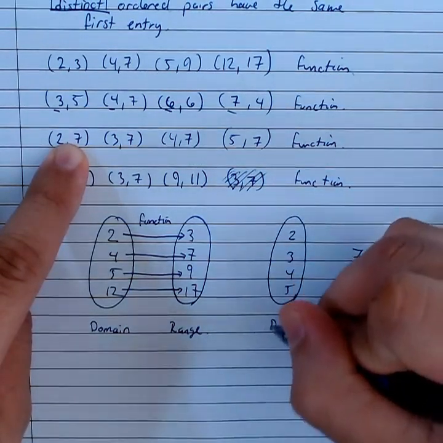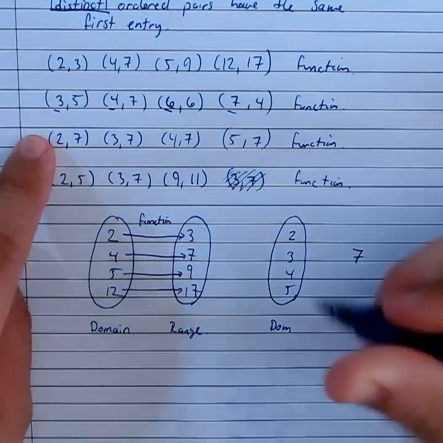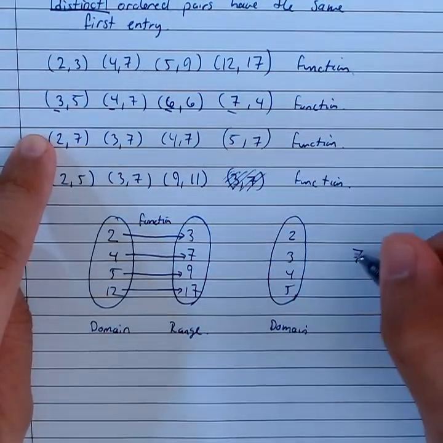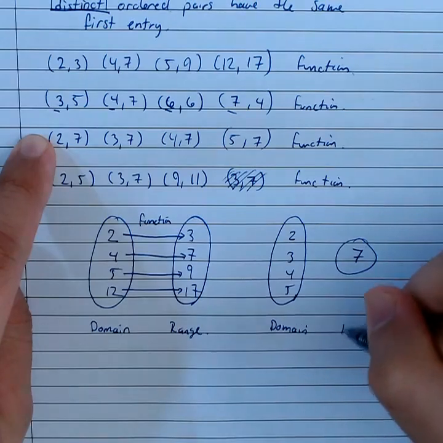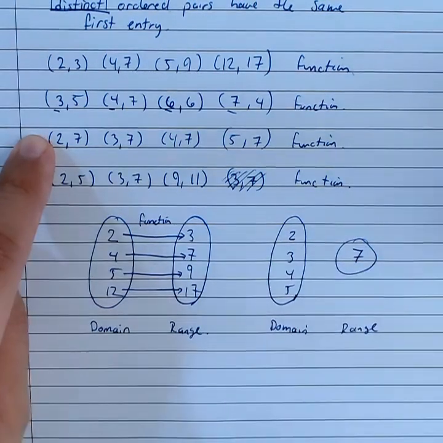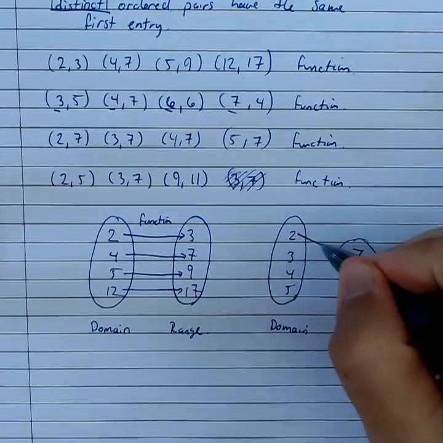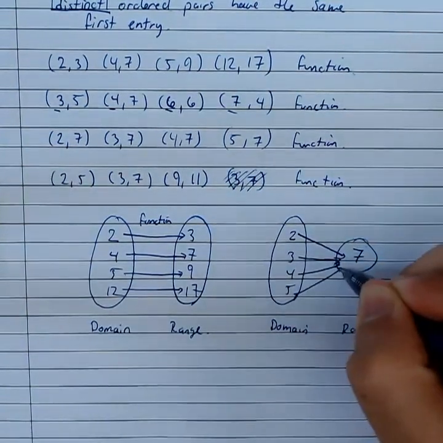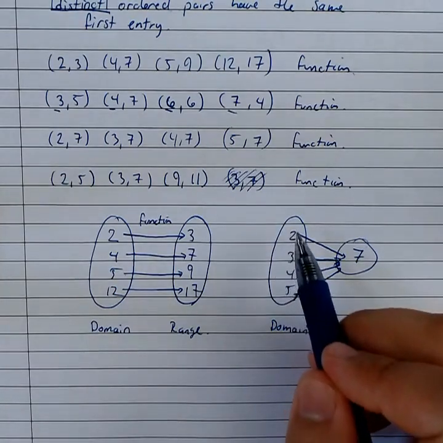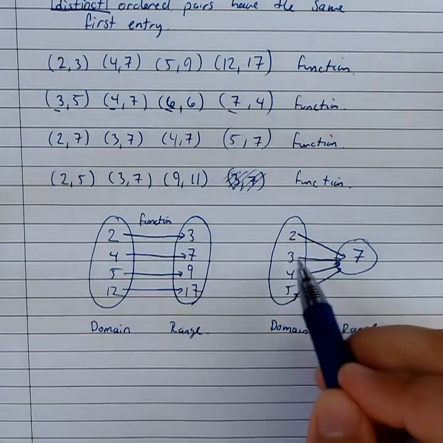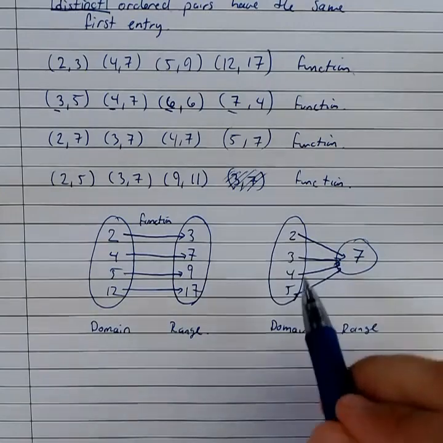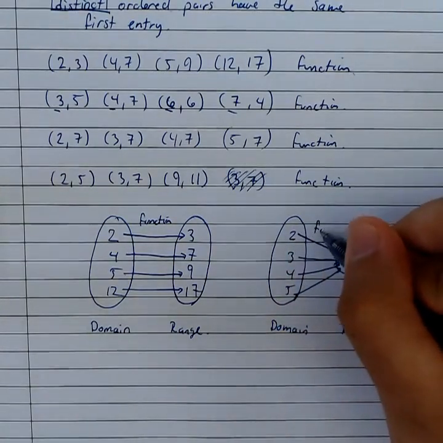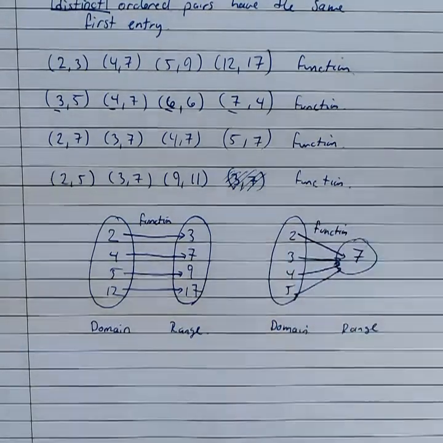This is the domain of that function here, and this number 7 on its own is the range. And again, I have a function which pairs this number with that number. It pairs this number with this number. The function is not the numbers, it's the relationship between the numbers.